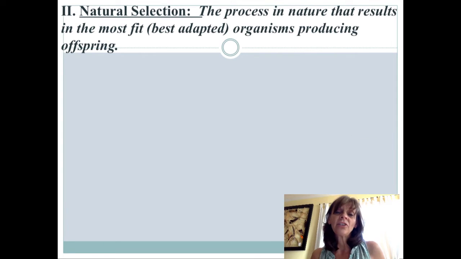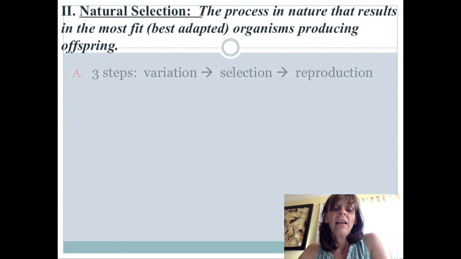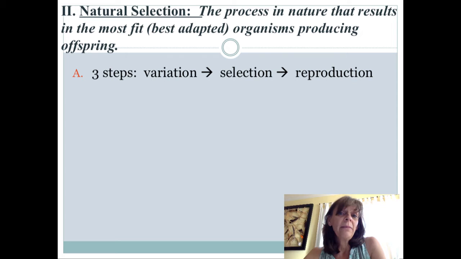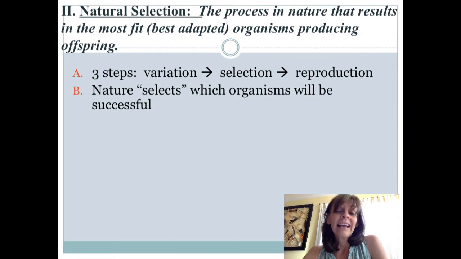Now, natural selection is the way nature carries out this process. So we've talked about the 3 main steps. You have to have variation, and then you have to have some form of selection and reproduction. So nature selects which organisms will be successful.